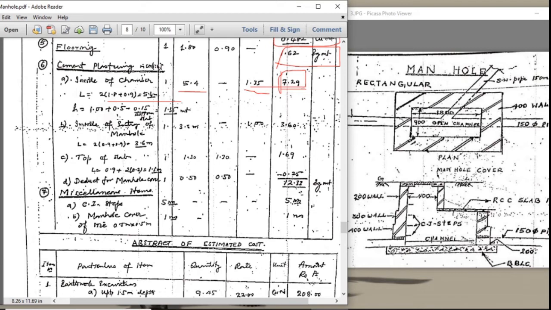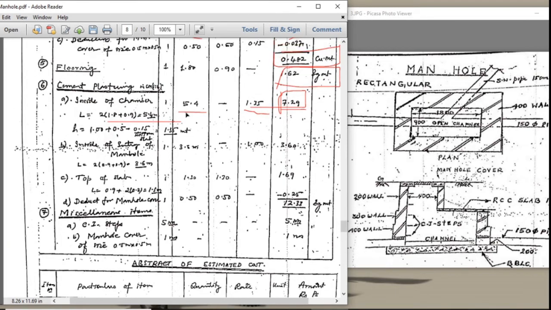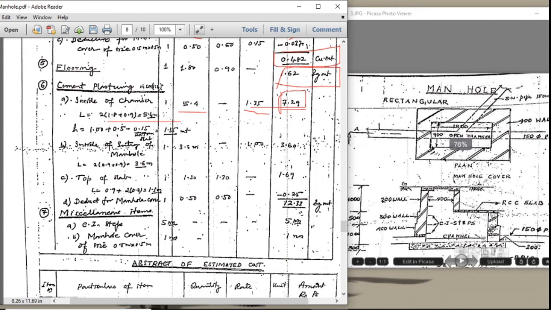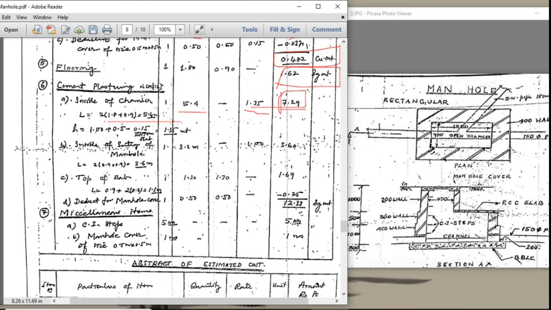Next is inside of the entry of the manhole. So 3.60, fine. Inside of the entry of manhole, 2 into 0.9 into 0.9.